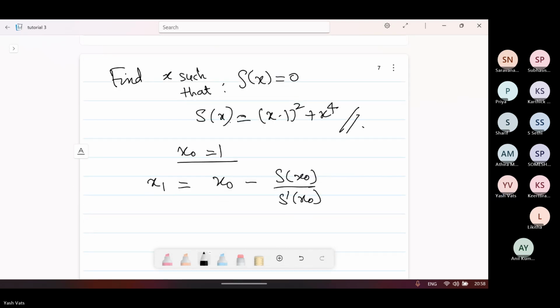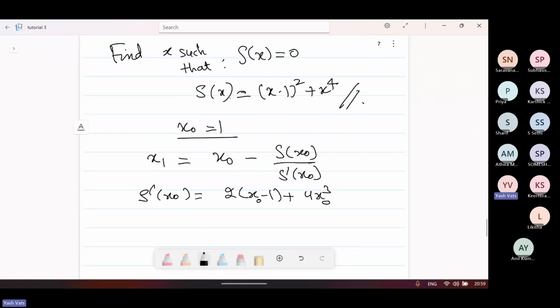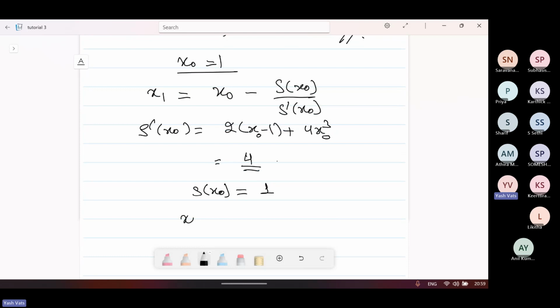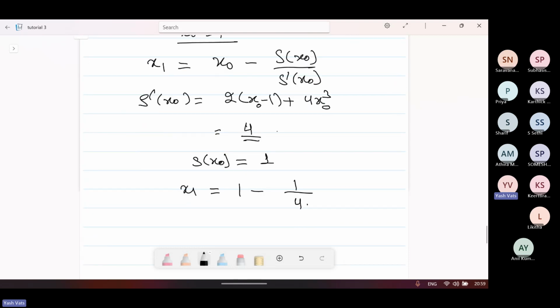So what is f dash x, which is just 2x minus 1 plus 4x cube, and at 1 it should be 4, right? And f of x naught is basically 1 at 1. So x1 is 1 minus 1 by 4.